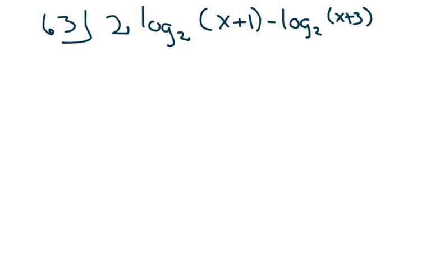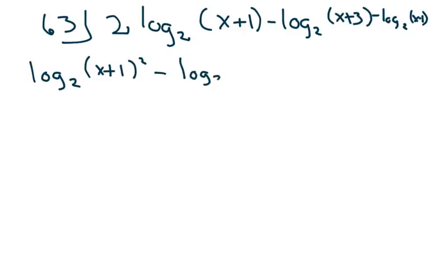We have 2 times log base 2 of x plus 1. I'm going to have to write smaller. Minus log base 2 of x plus 3 minus log base 2 of x minus 1. Alright, first thing, I'm going to do the power property. So we have log base 2 of x plus 1 squared minus log base 2 of x plus 3 minus log base 2 of x minus 1.